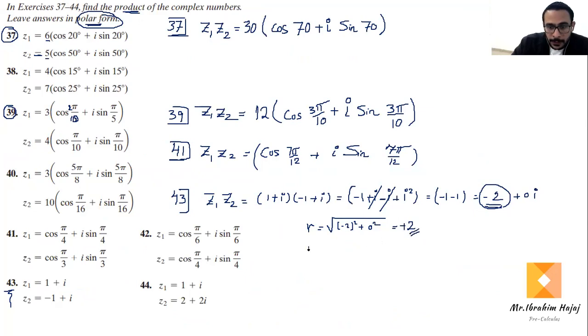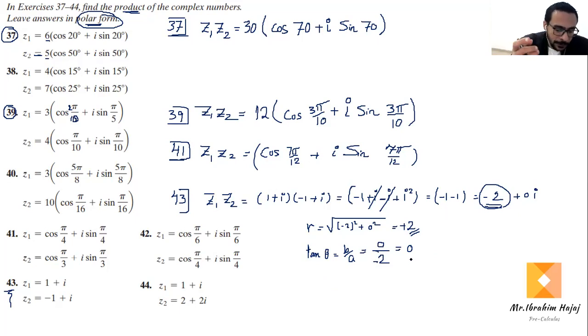Yes, and then the theta. Start with tan theta equals b over a, which is y over x. So what's the b? 2 or... No, 0. Okay. Over negative 2 equals 0. So we have to think what angle its tan is 0. Tan what angle is 0?